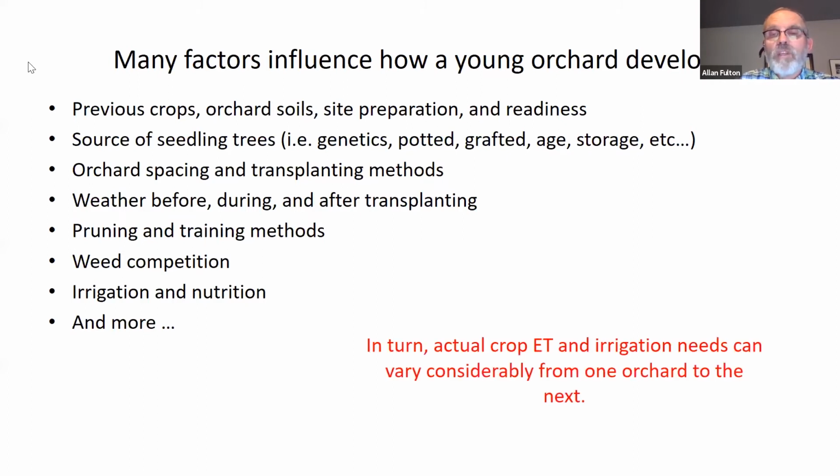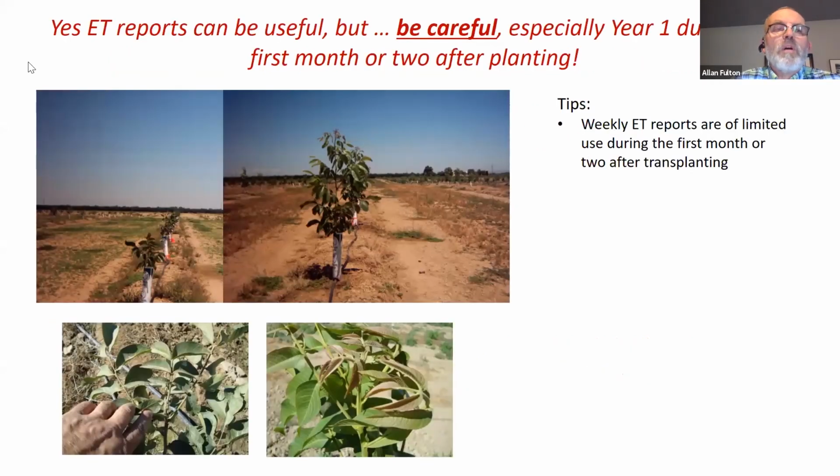The bottom line is that the actual crop ET and irrigation needs can vary considerably from one orchard to the next. So, are these ET reports that we send out weekly useful for managing young developing orchards? In general, my answer is yes. They can be useful, but you need to be careful, particularly in the first year of planting and in that first month or two after planting.